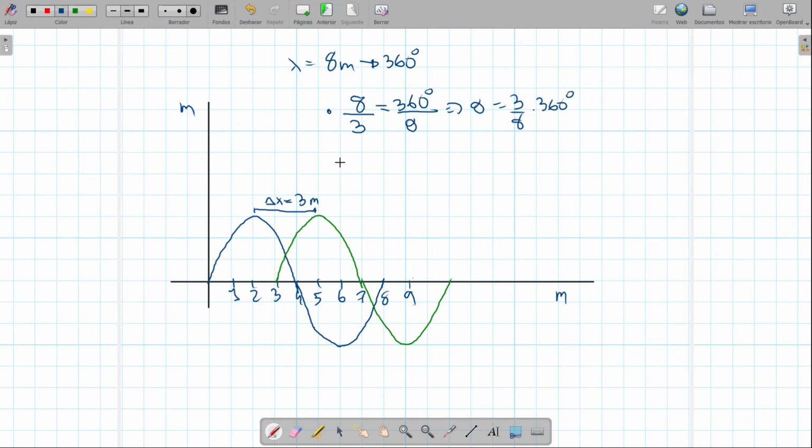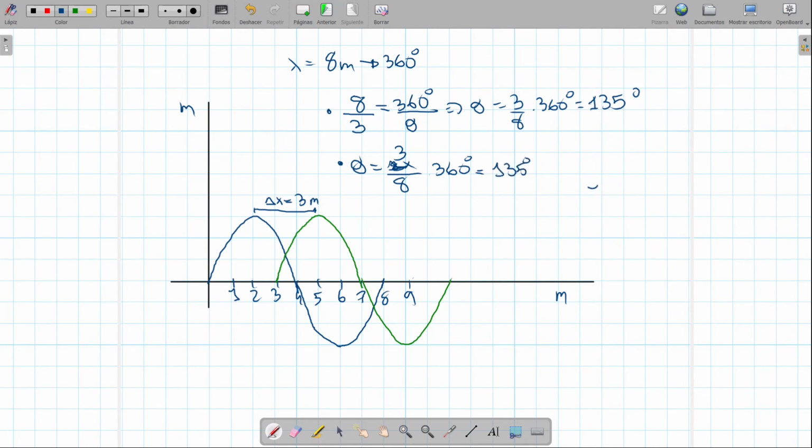Or we could do it with a formula: change in distance over wavelength times 360. Okay, we'll do that. So if we calculate, the change in distance was 3. So 3 divided by 8 and multiply by 360, our phase difference is going to be 135 degrees.